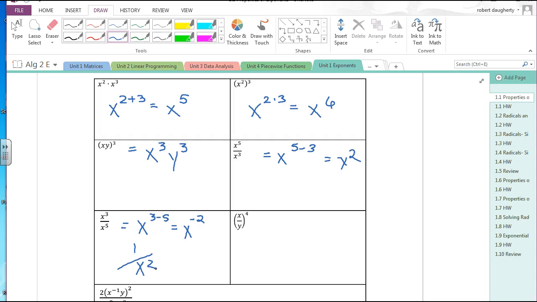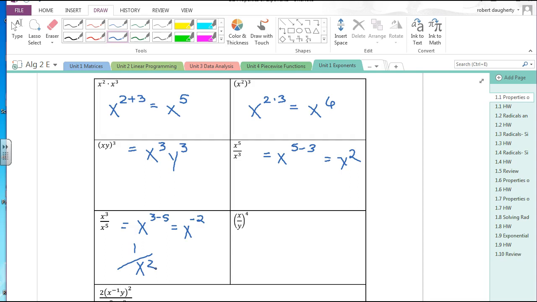Which of these is bigger? 5, so I can say 5 minus 3, but leave the answer in the denominator. So this becomes 1 over x squared. I'm going to get the same answer if I did x to the 3 minus 5, x to the negative 2, and then take that final answer, 1 over x squared. So you'll get the same answer.